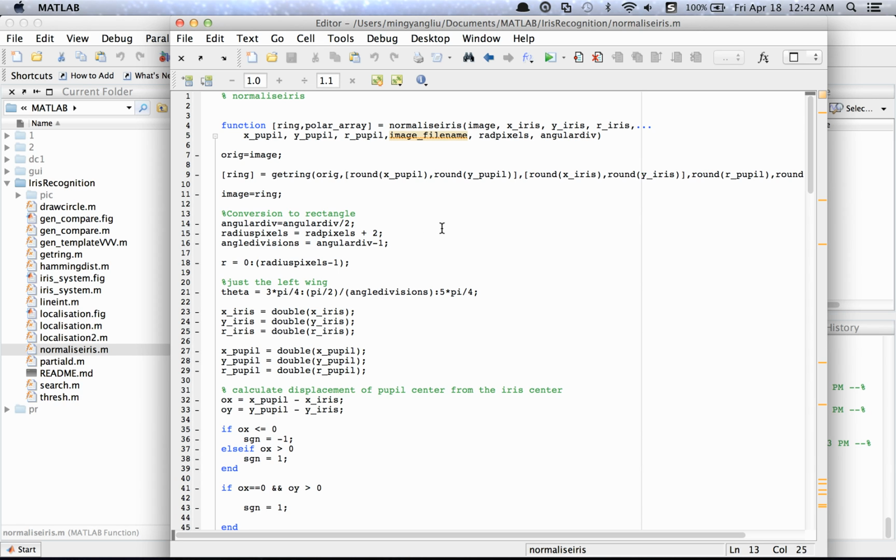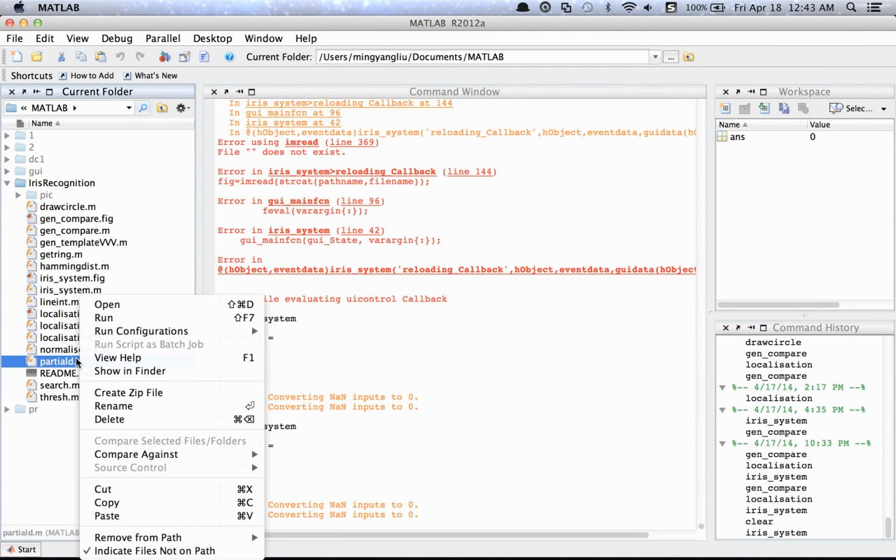You can see there are many input parameters: the image, the x coordinate of the iris, the y coordinate of the iris, the radius of the iris, the same for the pupil, and then the image file name, and then the last two ones: radial resolution, which defines the vertical dimension of the normalized representation, and angular resolution, which defines the horizontal dimension of the normalized representation.